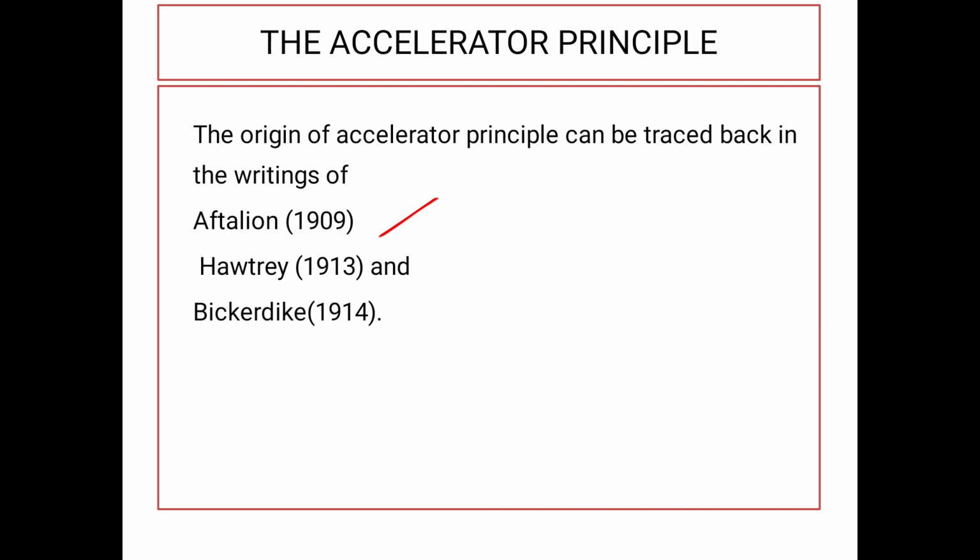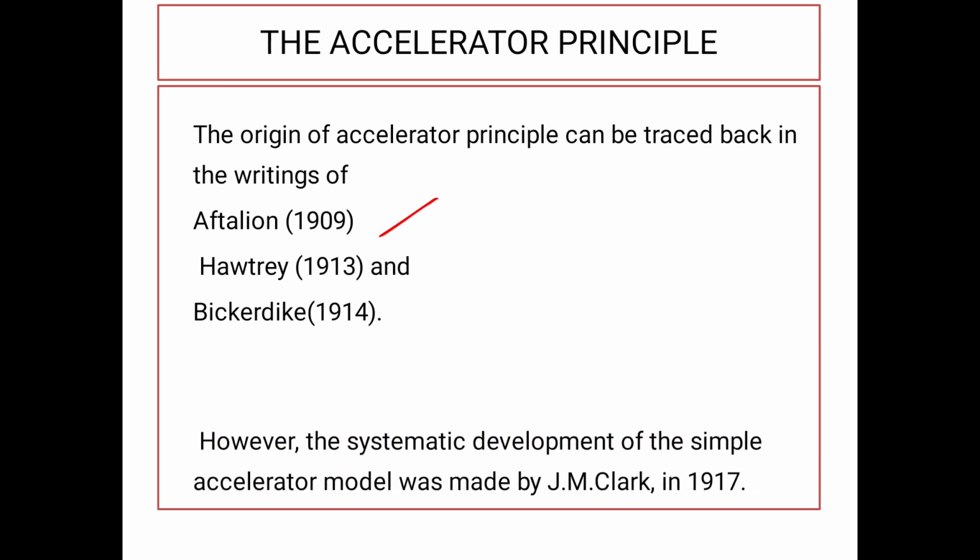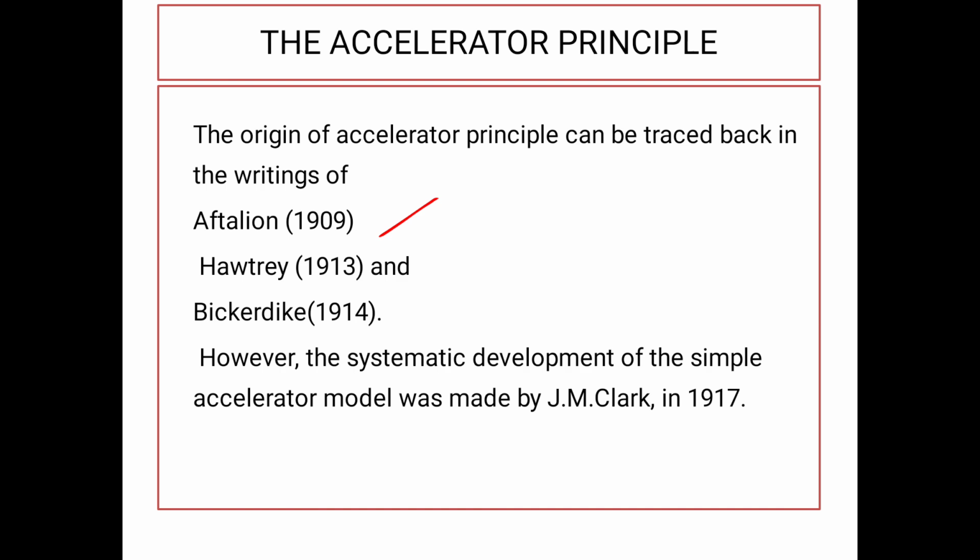So we can see there are three great economists who have contributed towards acceleration. Later on it was developed by J.M. Clark in 1917. So this is regarding the origin of the accelerator.